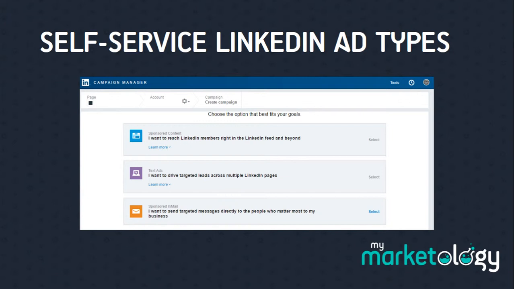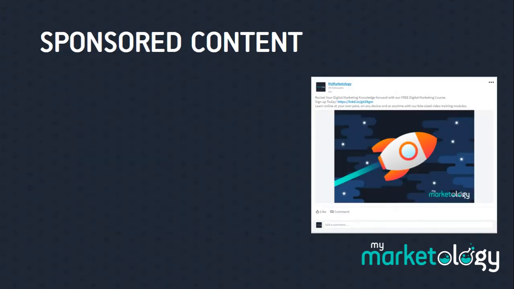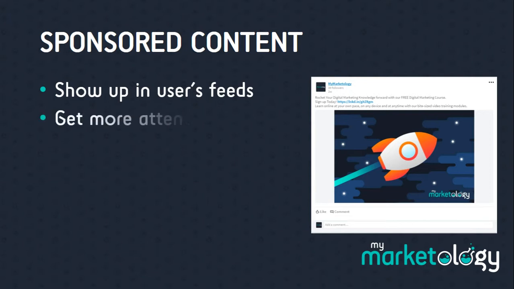Now there's three different ones here and they're used for quite different reasons. First of all, sponsored content. These adverts show up in users' feeds alongside their other updates. They don't necessarily look like ads and they usually get more attention and higher results than some of the other advertising options, as a result of the fact that they don't really stand out as ads.